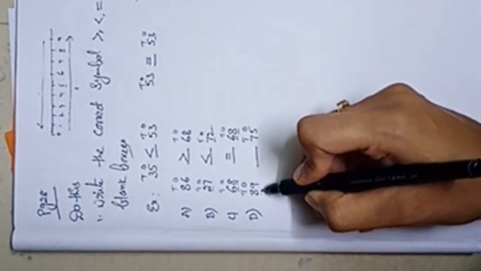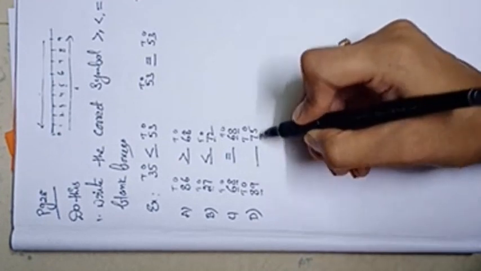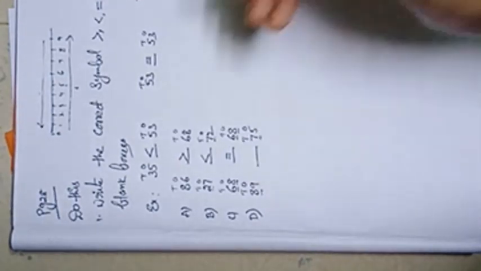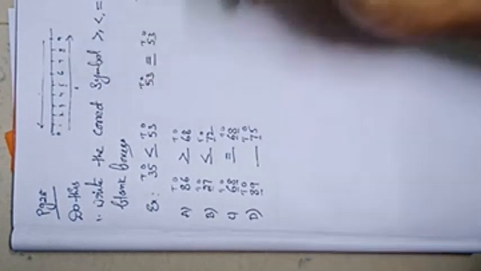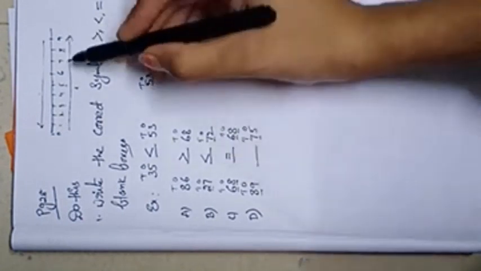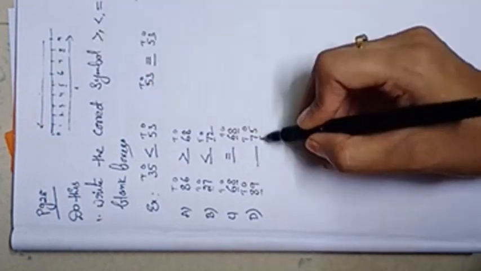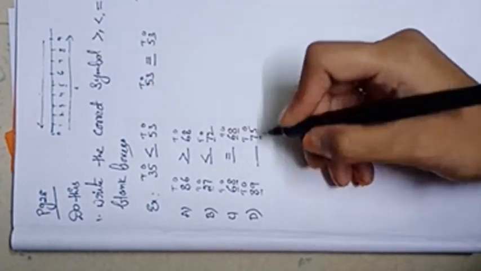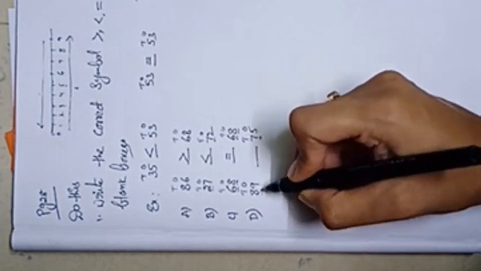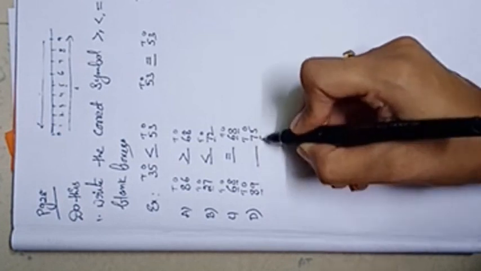Observe carefully the tens place digit here and the tens place digit here. You know 7 is smaller than 8. So 8 is greater than 7. So you know always the crocodile wants to eat the bigger number. So you know already 8 is the greater number than 7.